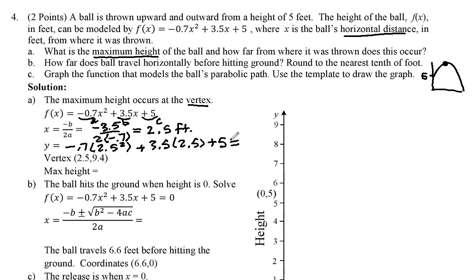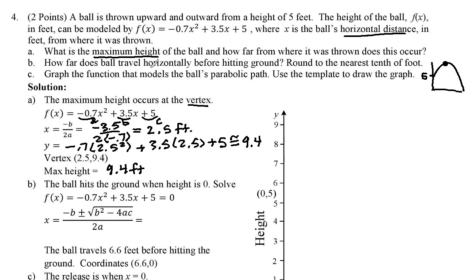And compute that with the calculator and you'll get to 1 decimal place, 9.4. So it's approximately 9.4. So our vertex, (2.5, 9.4). The max height's given by the y-coordinate, 9.4 feet. And where does it happen? Well, it happens 2.5 feet from where it's thrown.